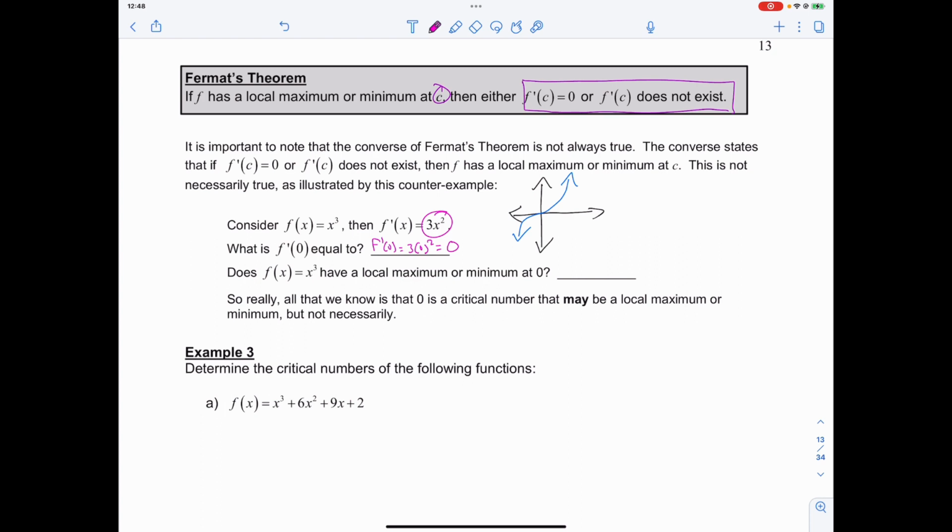Now, that will appear to be a critical number, but it doesn't actually change from a positive slope to negative slope or a negative slope to positive slope at this point. It goes positive, has a slope of 0, and then becomes positive again, which means that there is no local min or local maximum at this point. So we know that 0 is a critical number that may be a local max or minimum, but we can't know that until we test it.